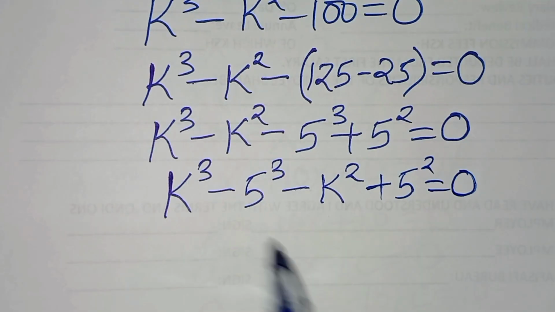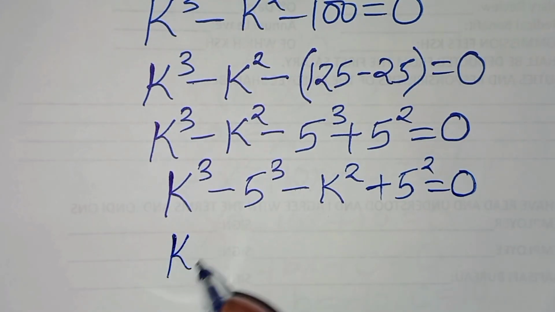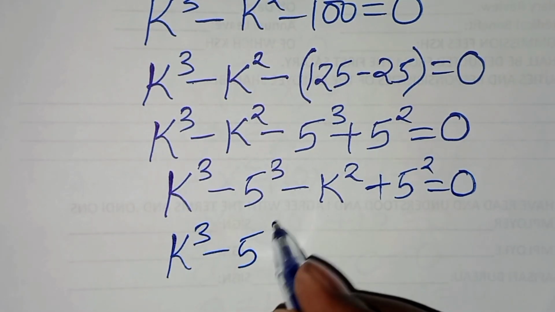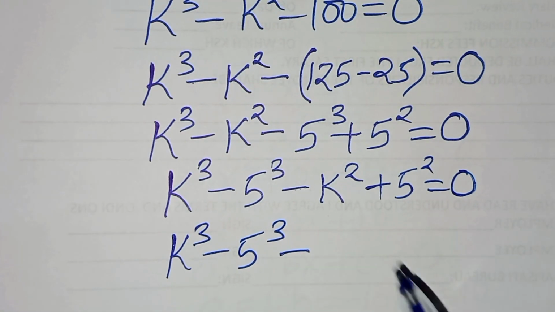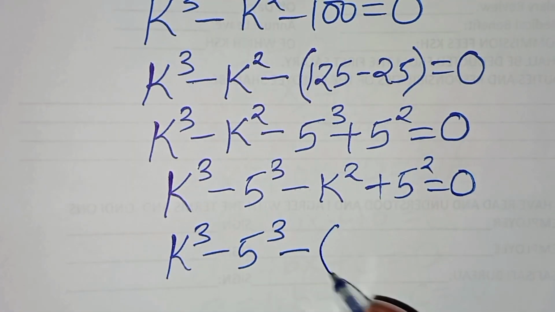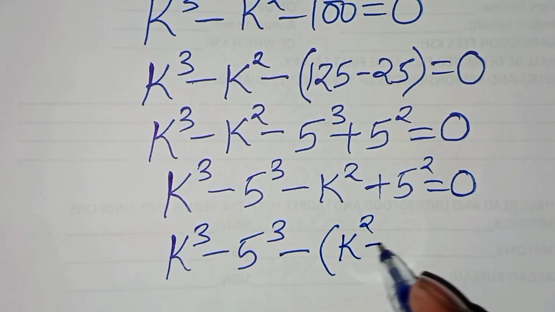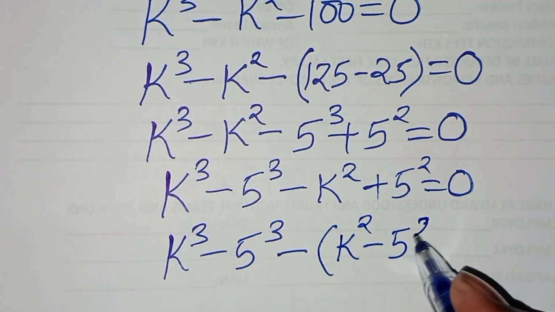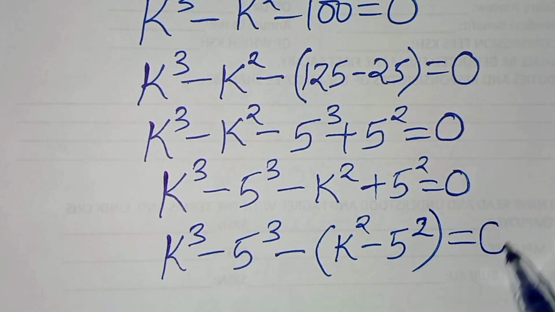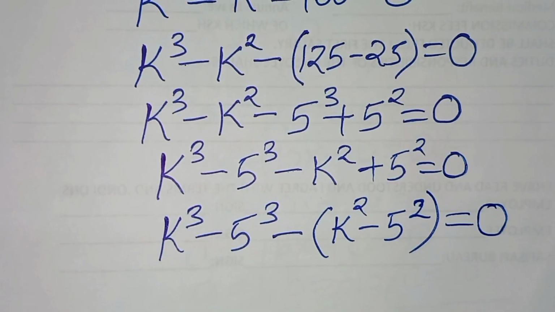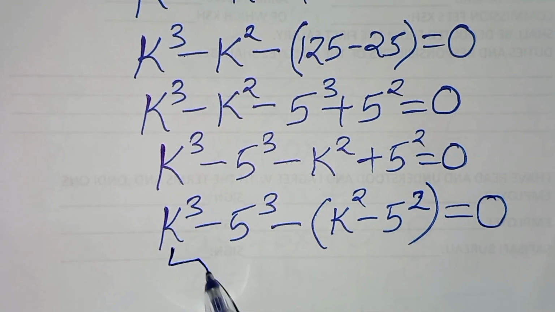The next step here, we have k to power 3, subtract 5 to power 3, subtract, now we can write this as k to power 2, subtract 5 to power 2. This is essentially equal to 0. In this case, we have two parts here.